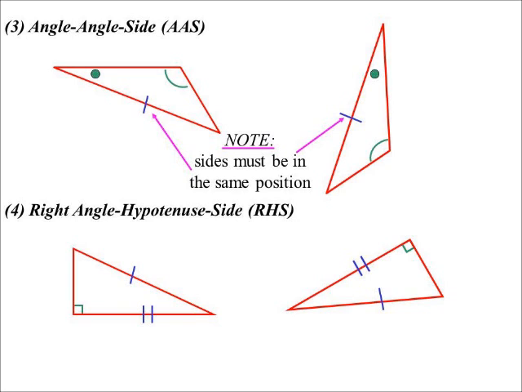Because I know 2 sides are equal, I could use trig to show that another angle is equal, and I've got angle-angle-side. Or I could use Pythagoras' theorem and find the third side, and I'd have side, side, side. I could do any of the 3, but we just summarise it because it's a special case: right angle triangle, we've got right angle, hypotenuse and side.